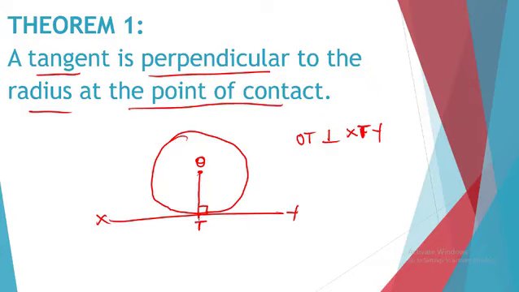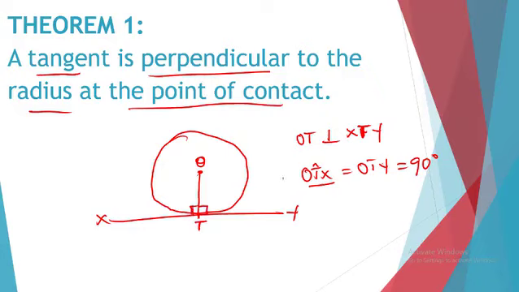Now the line OT bisects line XTY. Looking at this figure, you will also agree with me that the angle at T is 90 degrees. This is OTX; the angle here is also 90 degrees.